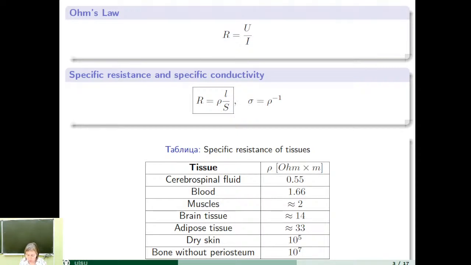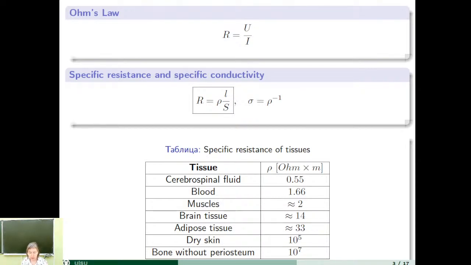The unit of specific resistance is ohm meter, and the quantity sigma, reciprocal to specific resistance, is called specific conductivity.